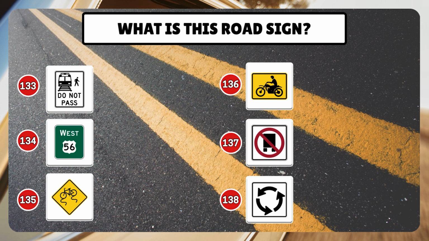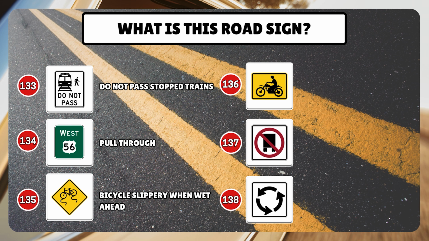Which traffic sign is this? That is a do not pass stopped train sign. That is a pull through sign. Nicely done. That is a bicycle slippery when wet ahead sign.